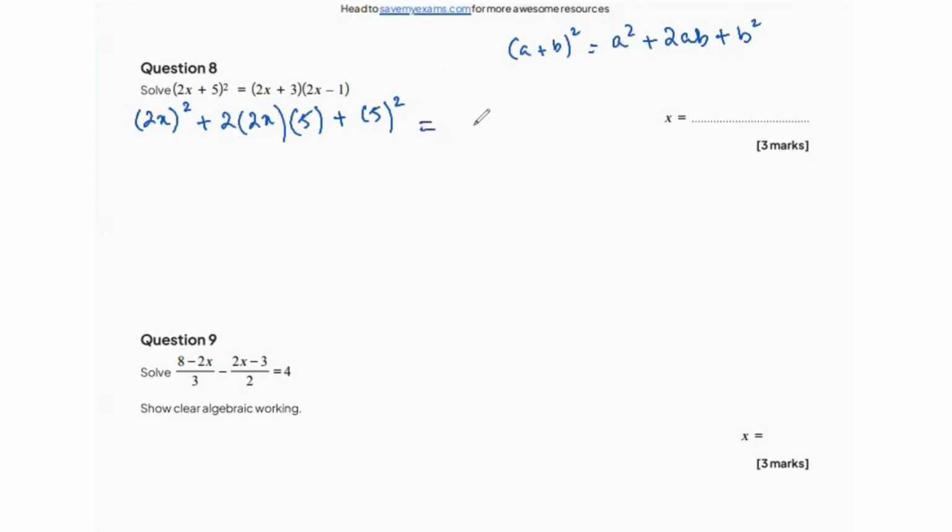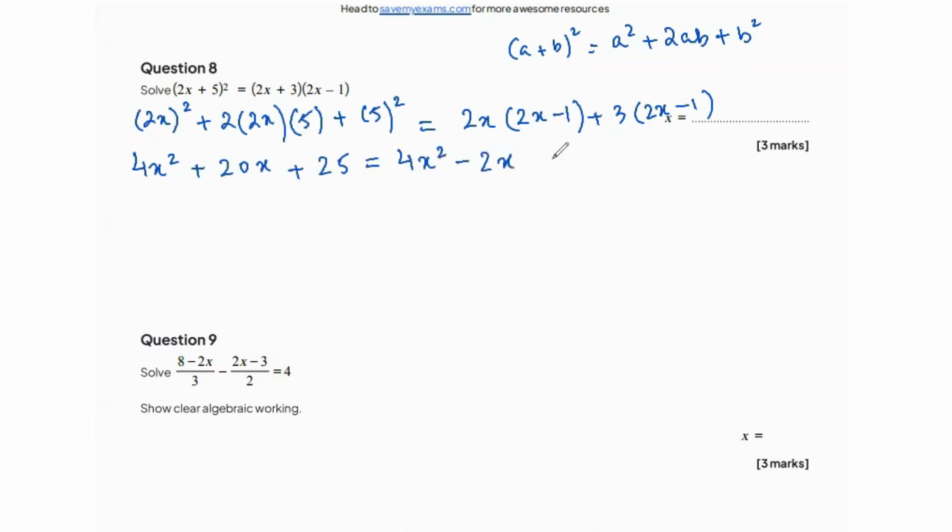And this equals 2x times 2x minus 1 plus 3 times 2x minus 1. 4x squared plus 20x plus 25 equals 4x squared minus 2x plus 6x minus 3.